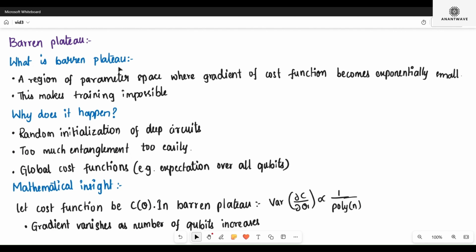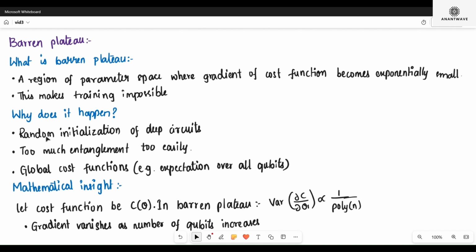Let's see what a barren plateau is. It is a region of parameter space where the gradient of the cost function becomes exponentially small, thereby resulting in vanishing gradients. This makes training impossible. Why does it happen?